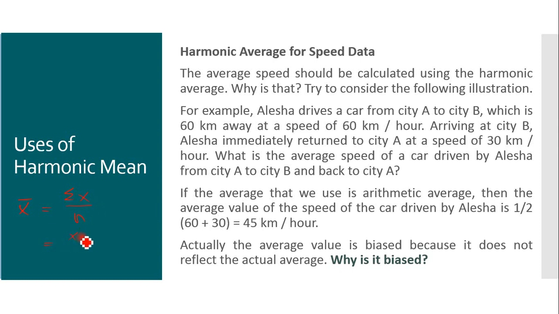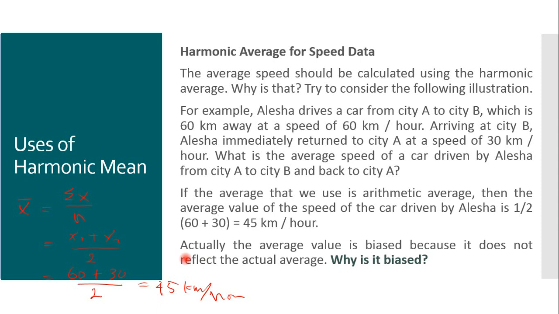The n is 2, the first x is 60 and the second x is 30, divided by 2 because the n is 2, so it is 45 km per hour. But actually this average value is biased because it doesn't reflect the actual average.